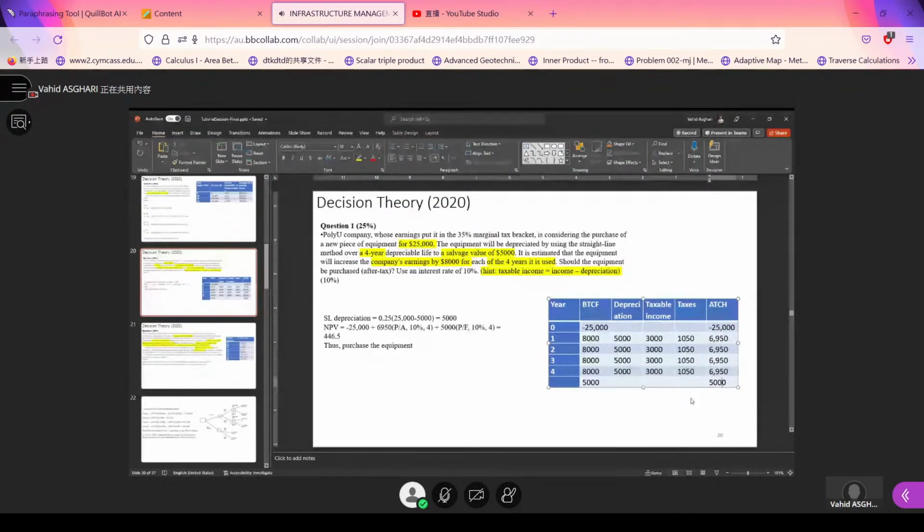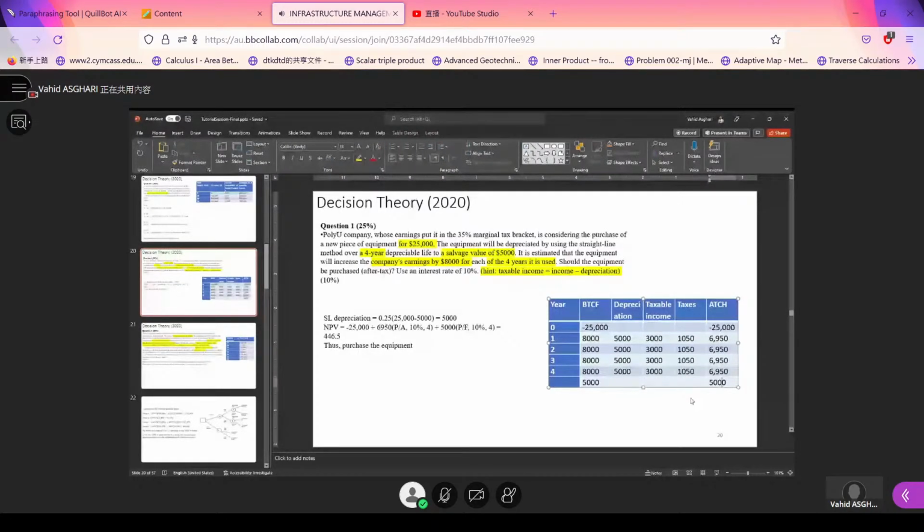Put yourself in the shoes of a tax officer in the government, and you receive a report from a company that they claimed that their machine is depreciated, and its value is, let's say, $0.5 million. But you are an expert in the business, and you know that this machine is worth $1 million.